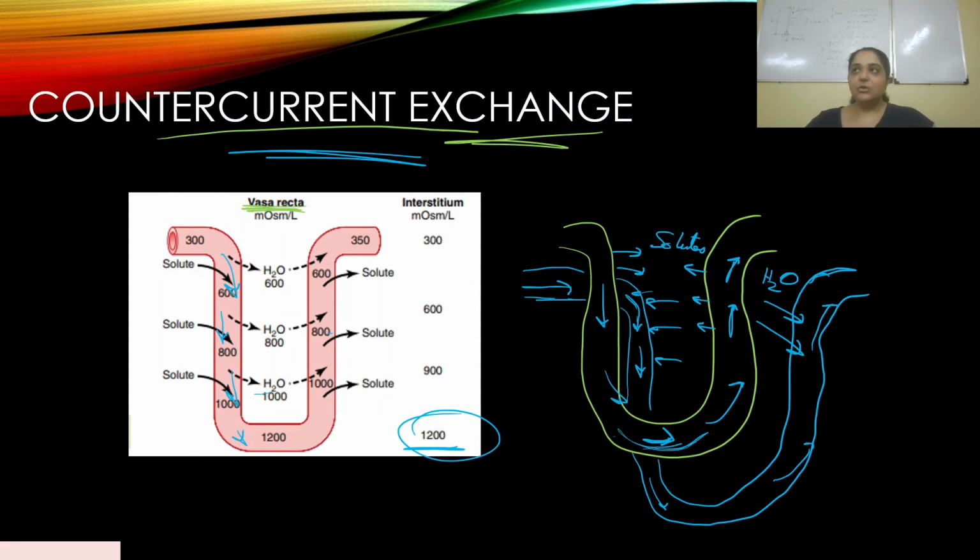Now obviously the hyperosmolar region is created along with the ADH hormone that is there. So whenever you want to create a concentrated urine, there are two factors by which concentrated urine is created.